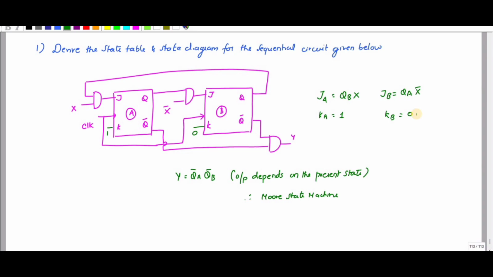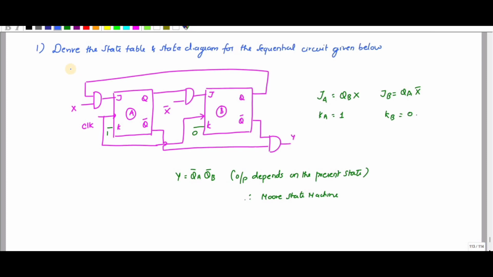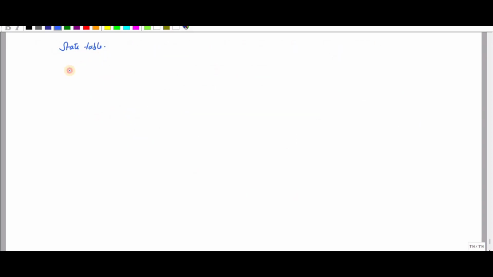So for this one I need to form a state table, right? How many inputs are there? Only one input, X. QA and QB are your present state, since I have only two flip-flops.